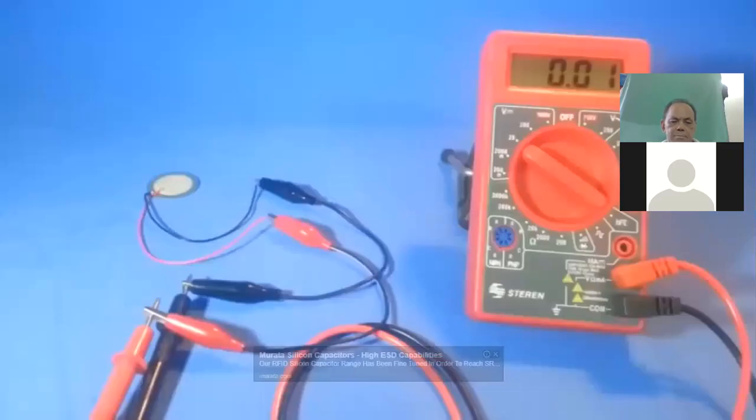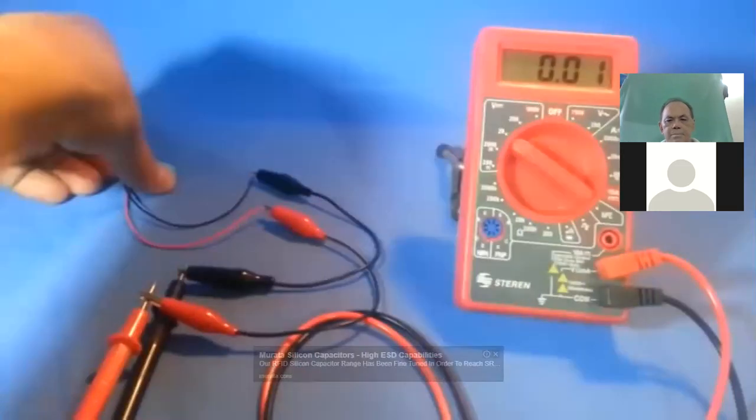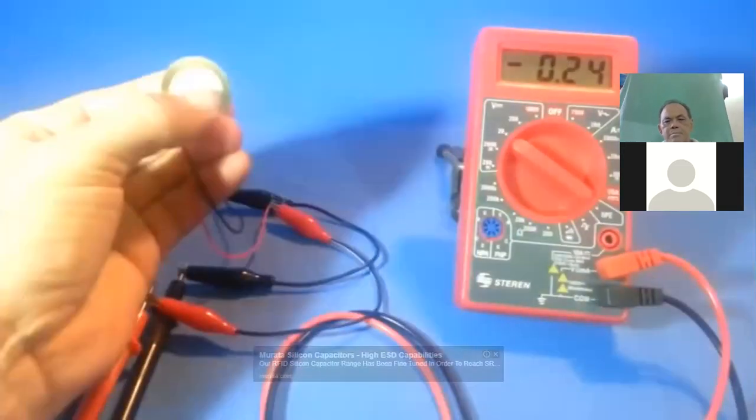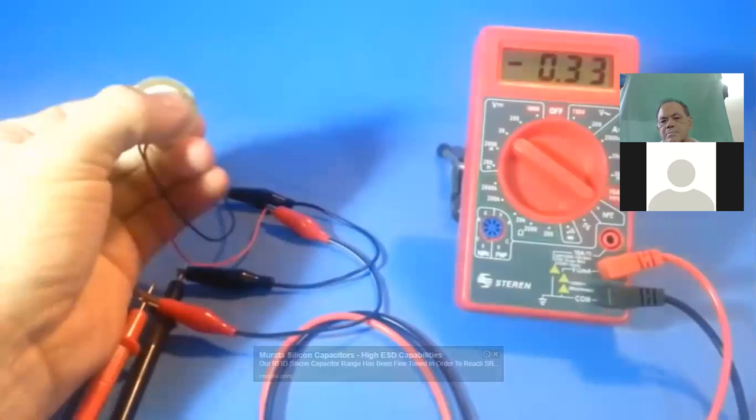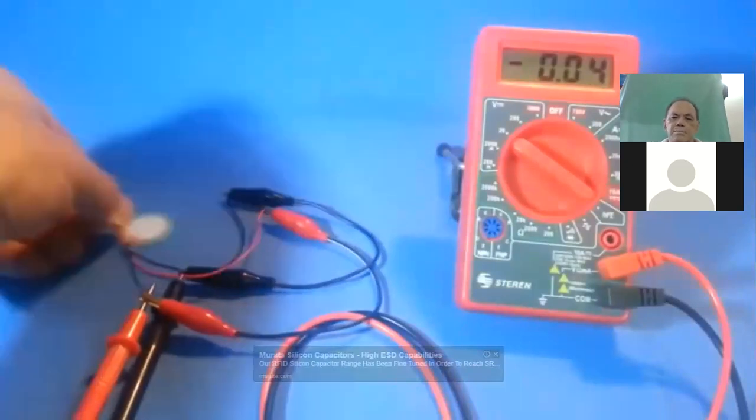Here we have the piezoelectric element connected to a voltage meter. When the element is pressed, a voltage is produced. We can see that voltages of up to 20 volts are obtained.